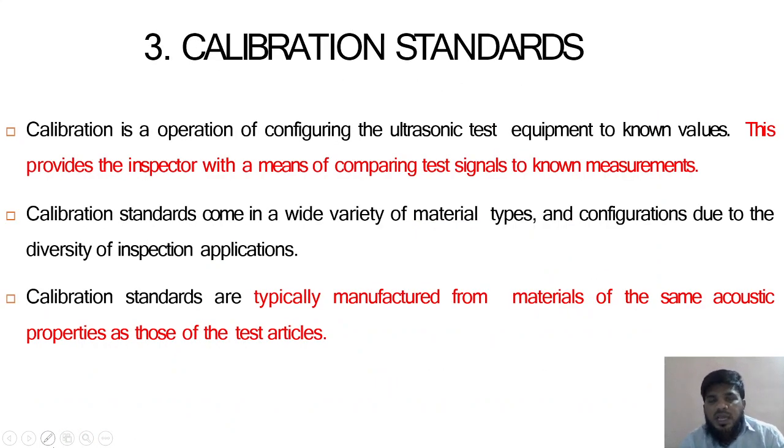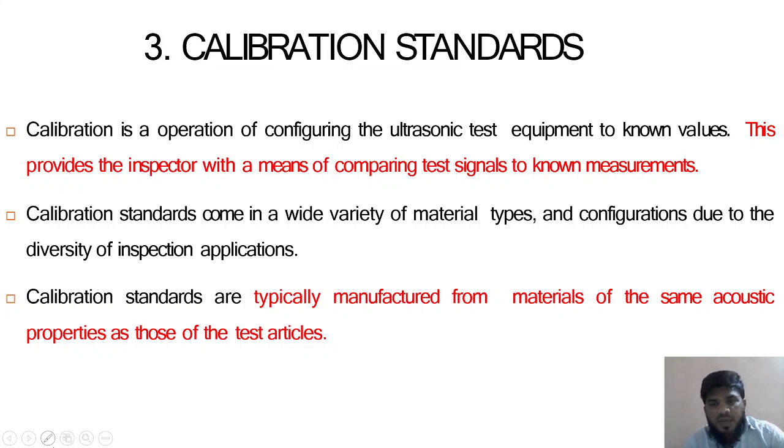Calibration standards. Calibration is about how you are going to calibrate both the values. So calibration is an operation of configuring the ultrasonic test equipment to a known value. Okay, so with some standards we are calibrating. For example, you see a traditional weighing machine. One side he will have a 1 kg stone, the other side he will have the vegetables, fruits, everything.